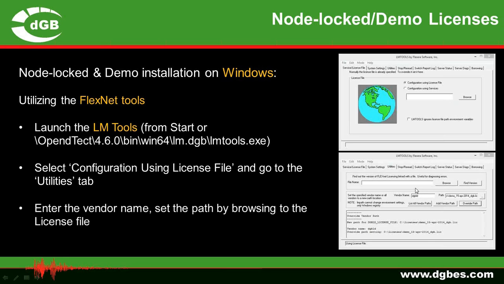You enter the vendor name, so for DGB license installation, the vendor name will be DGB LD, and you browse to the license by clicking on this small button here. And finally, press Override Path to install the license.